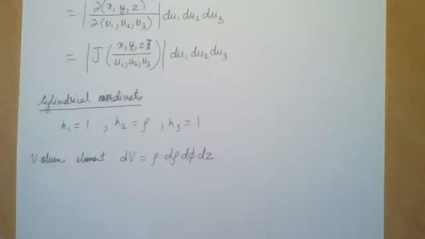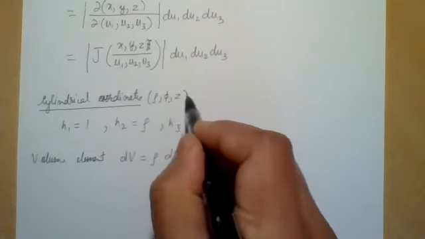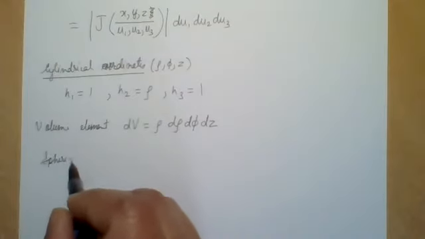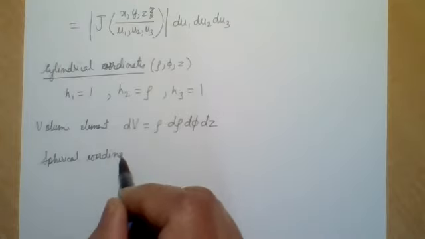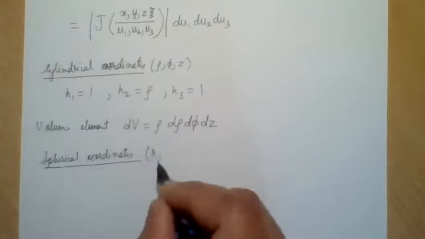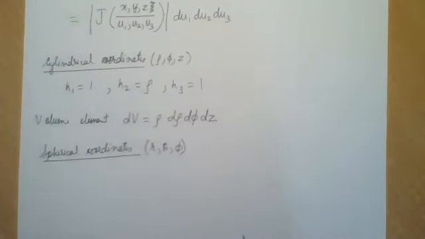Similarly for spherical coordinates. For cylindrical coordinates, we have rho, phi, and z. Spherical coordinates are r, theta, and phi.